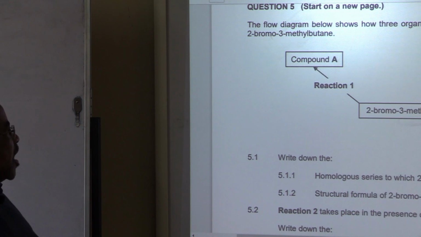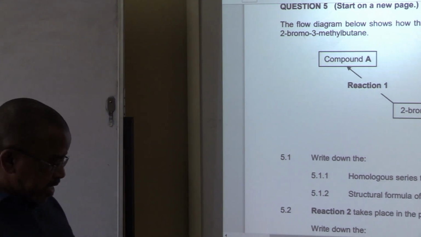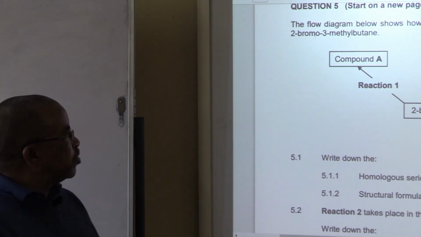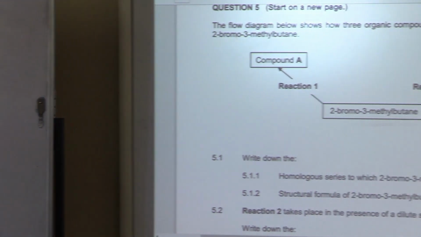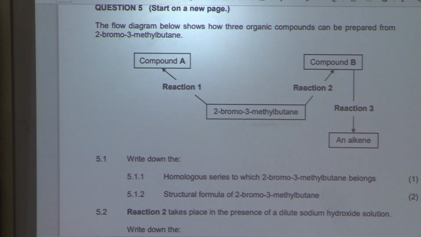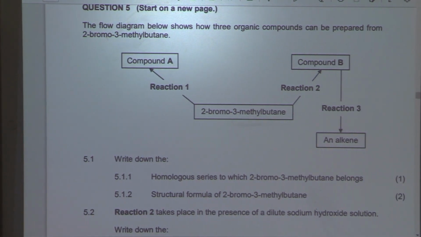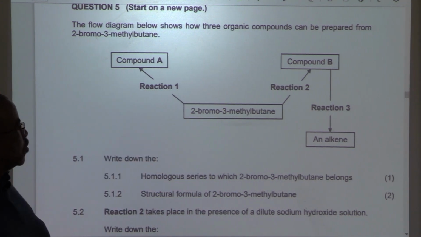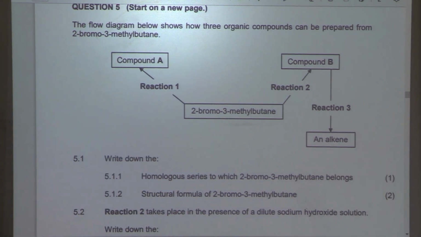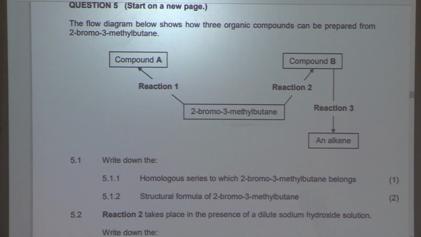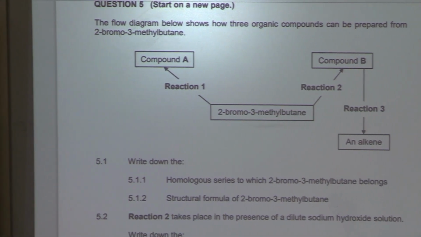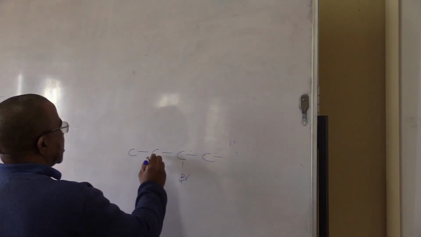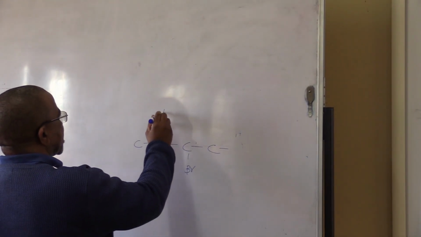So we have this. Now we have compound A. So we have compound A. Now, all of these come from 2-bromo 3-methyl butane. So again it is butane. Then in carbon number 2 there is a bromo, in carbon number 3 there is a methyl.